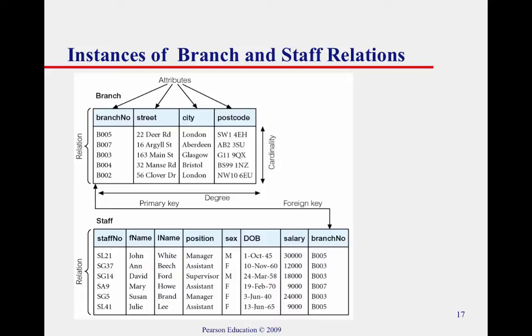So if I want to find out which city John White is working in, I can simply, in effect, follow his foreign key, B005, use it as an entry point into the branch relation and find out that he works in the City of London. So foreign keys allow us to, in some sense, glue together or join relations together. Another way to think of it is that they provide pathways between relations.